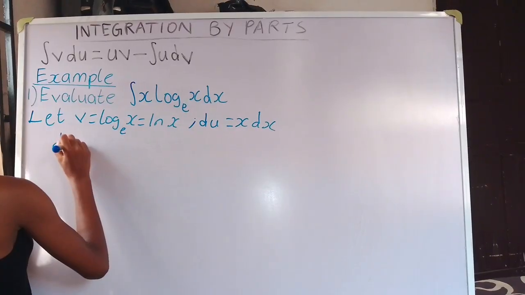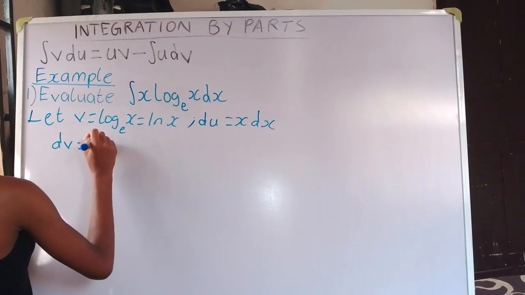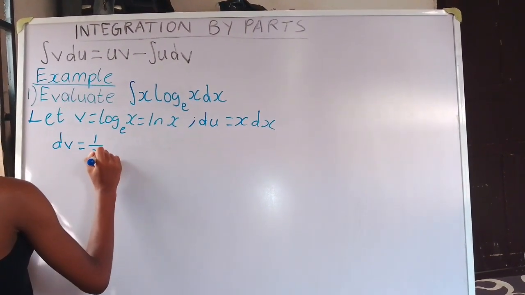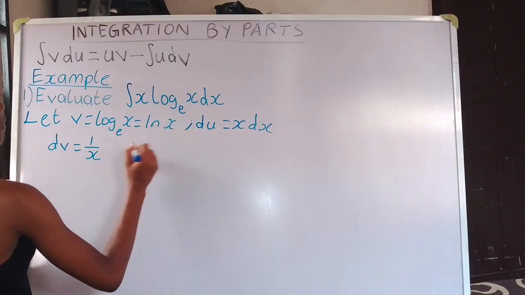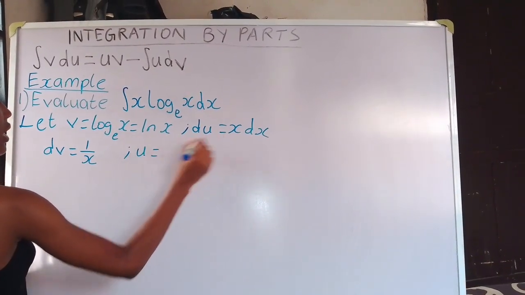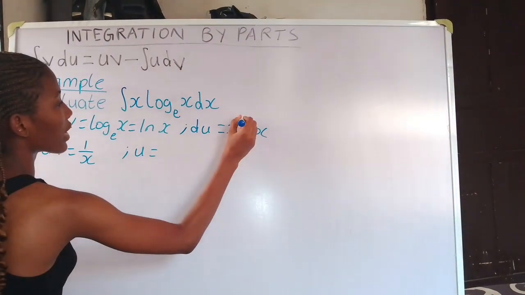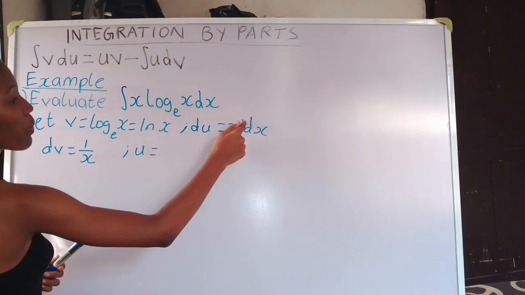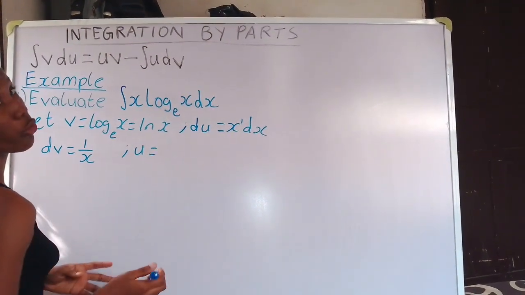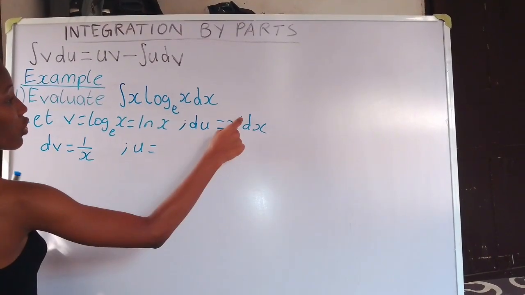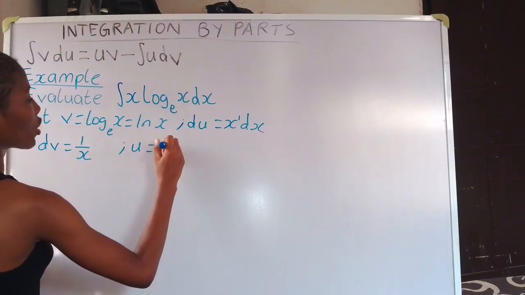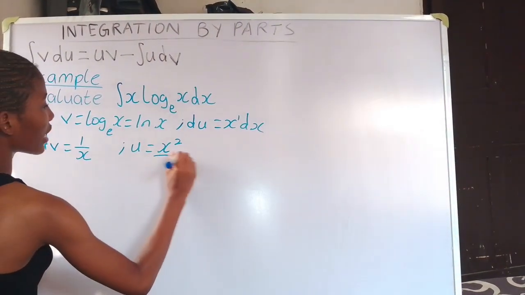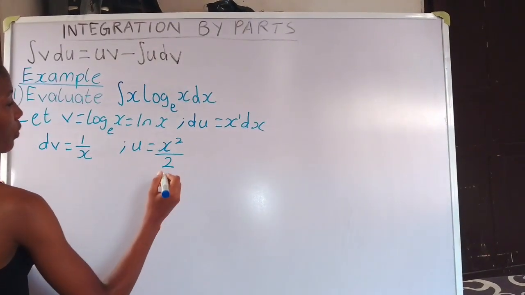So our dv here, differentiating ln x, will give us 1 over x, while our u, integrating x, remember x is the same thing as x to the power of 1. And to integrate a function, you need to add 1 to the power, then divide by the new power. If we add 1 to this power, it will become 2. That means it will be x squared. Then divide by the new power, 2.